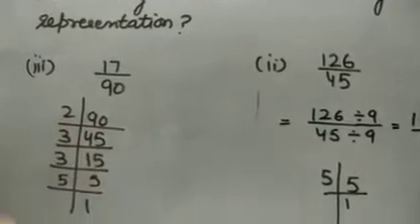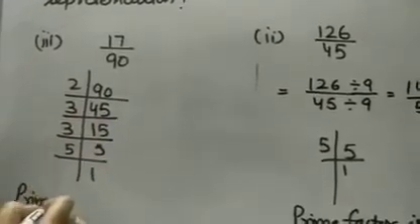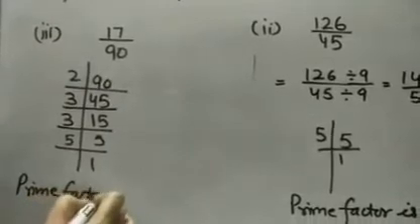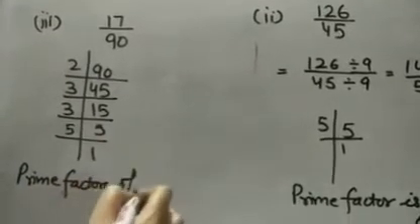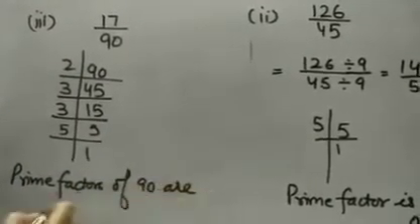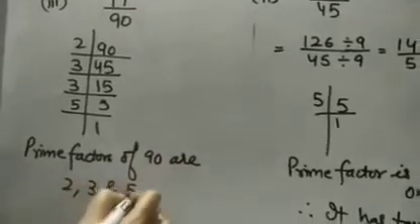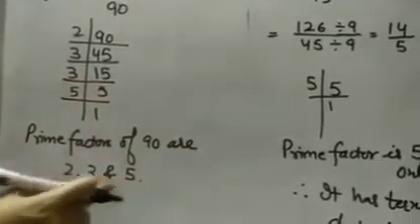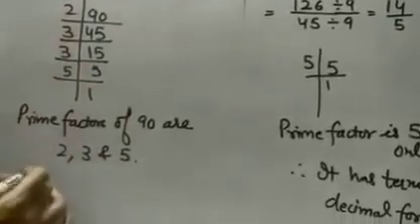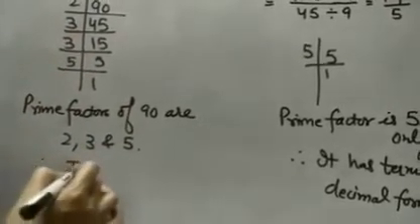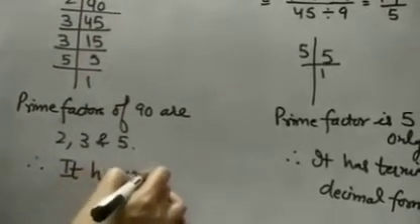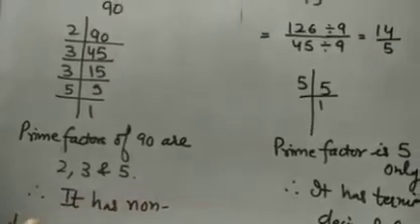Now, the prime factors of 90 are 2, 3 and 5. Other than 2 and 5, 3 is also in the prime factorization. Therefore, it has non-terminating decimal form.